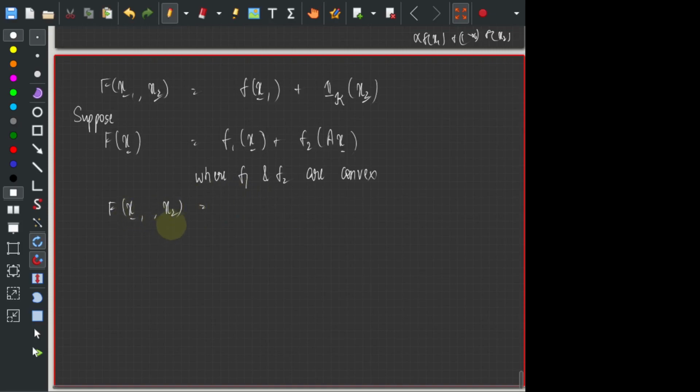So I'll say that f of x1, x2 equal to f1 of x1 plus f2 of x2, but now subject to the constraint that x2 equal to A times x1. This is my original problem.